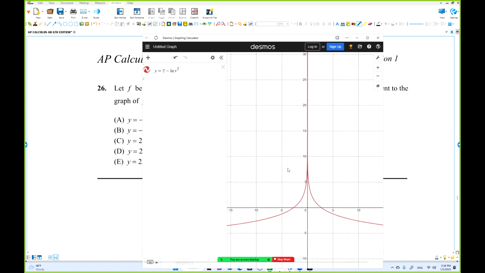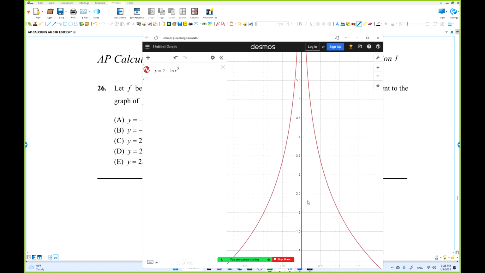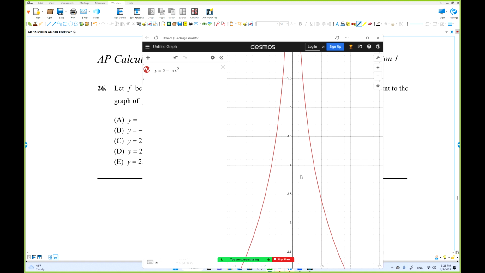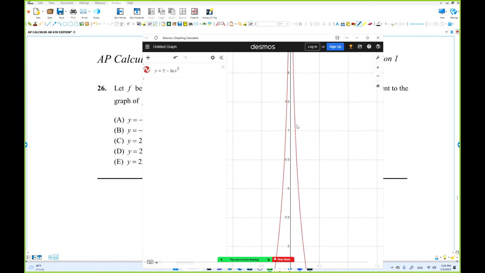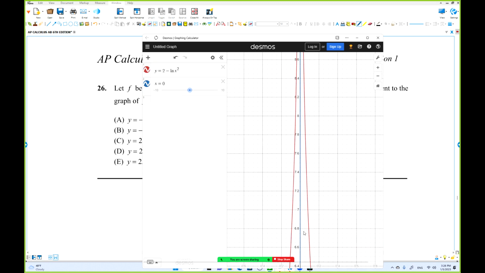Very weird, right? At x equals 0 there is a vertical line, that is the asymptote. I'm going to put it up here: x equals 0 is the asymptote.